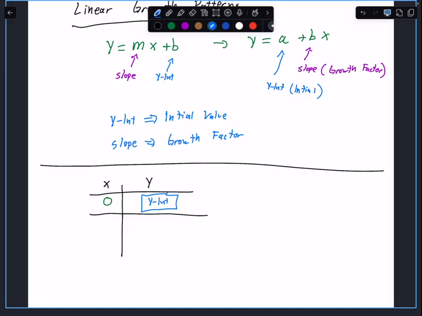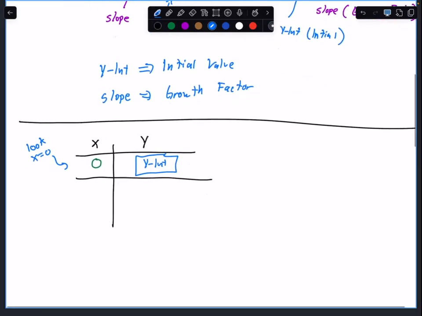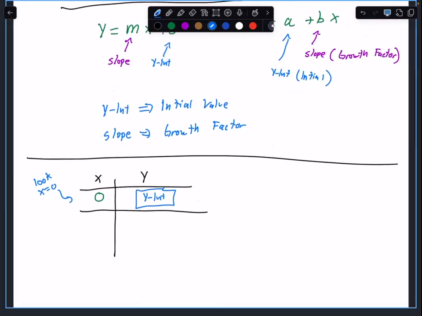So what we want to do is look for when x equals 0.